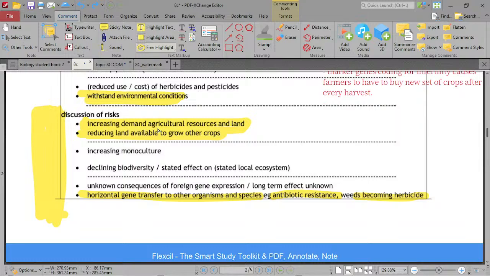The second risk is monoculture. If you keep on growing plants which are all the same, the biodiversity will decline. Although we are growing essentially super plants which are going to survive in drought conditions, there is a thing to be said about monoculture.